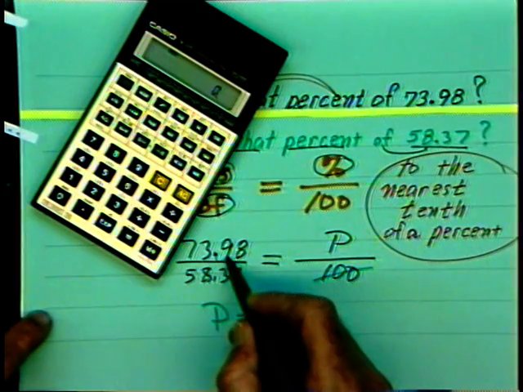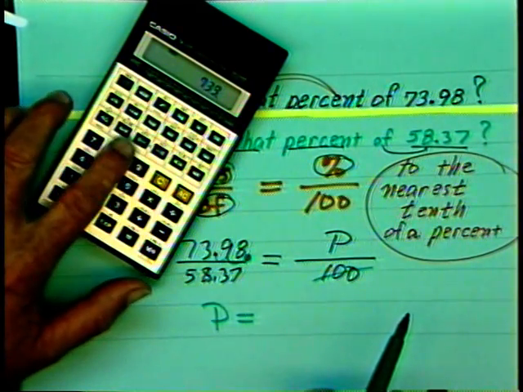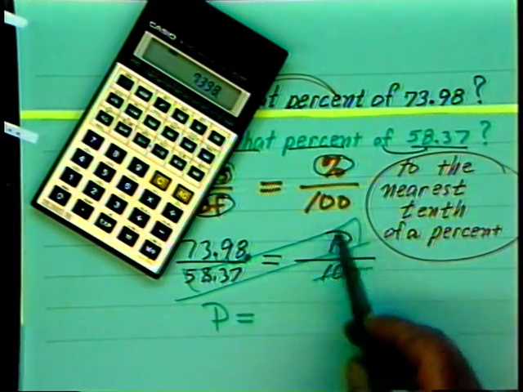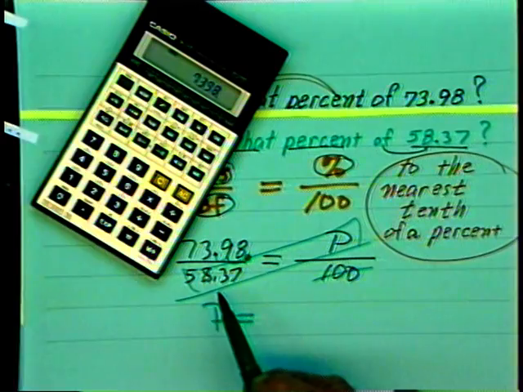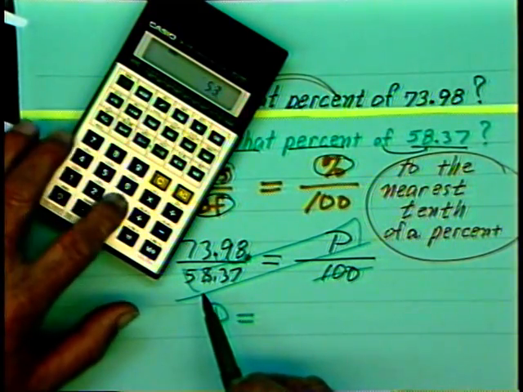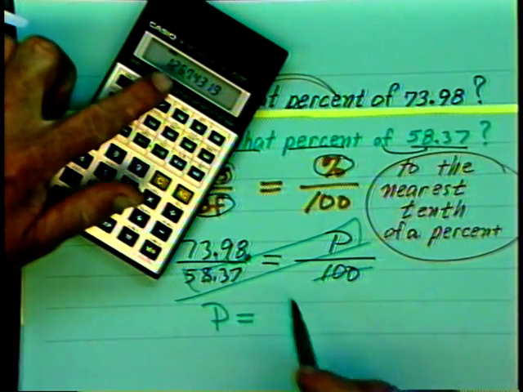I don't need a calculator for that. So 7, 3, 9, 8. Now divided by the number on the diagonal with the variable. So divide by 58.37, and I get 126.